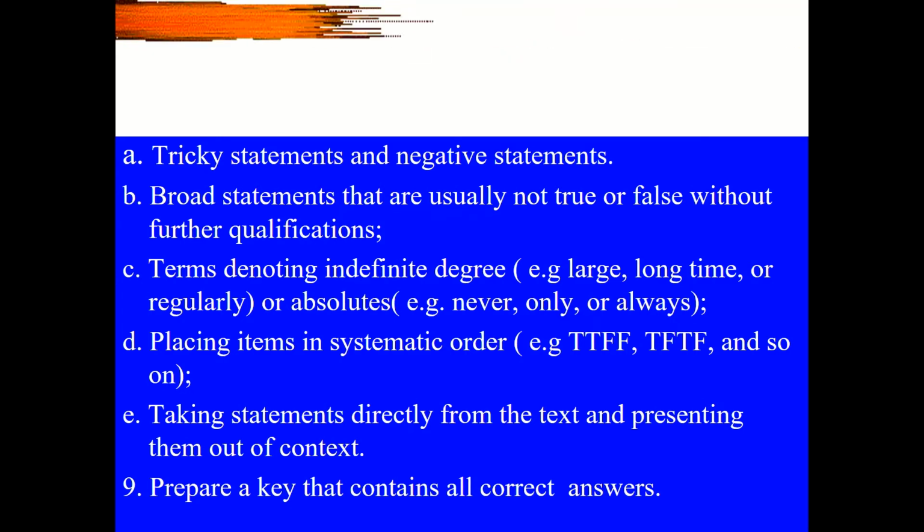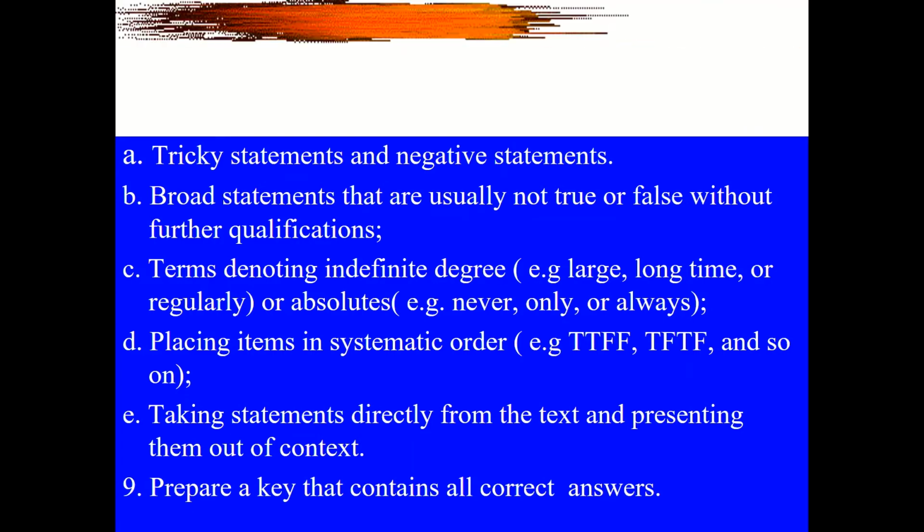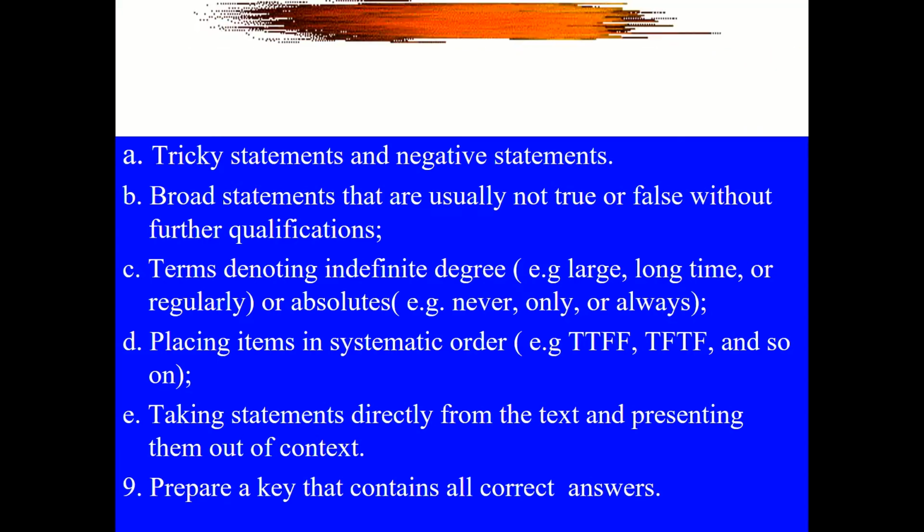Then there should be no pattern in the answer keys. As much as possible, you try to write a balance, but random. So maybe you can have five true answers, five false answers, or you can have a 4-6 ratio or a 6-4 ratio.